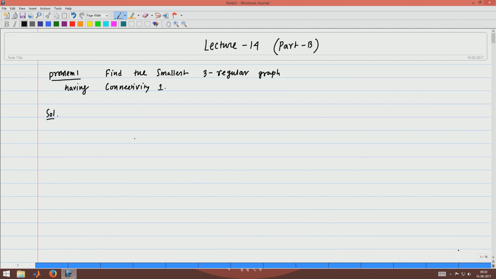So, here is the graph. It should be three regular.